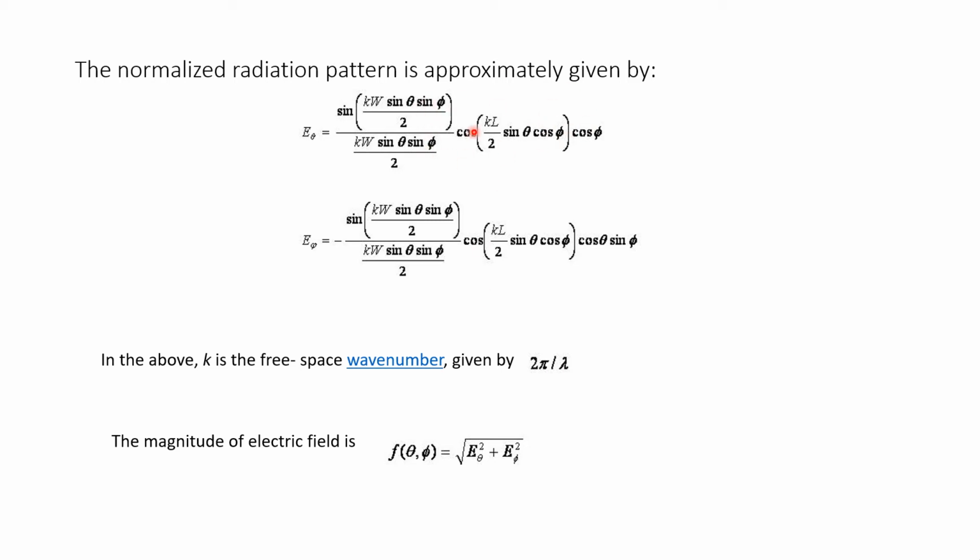that is in terms of sine and cosine, for both E theta and E phi. These are the equations. Here E theta and E phi are the theta and phi components of the electric field intensity E, and theta and phi are the elevation and the azimuth angles of the radiation pattern, and K is the wave number, given by 2 pi by lambda, and the net field at any point, as a function of theta and phi, is given by root of E theta square plus E phi square.